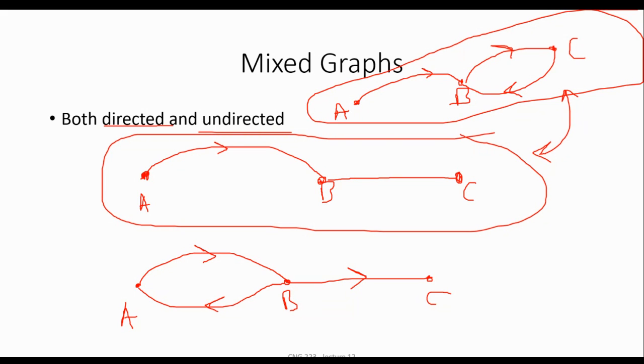But if you have so many arrows between them and your graph is getting complicated, because this is a simple graph, as you can see, because usually graphs contain so many vertices and so many edges. So in that case, sometimes we prefer a mixed graph like this, so visually it's easier to show.